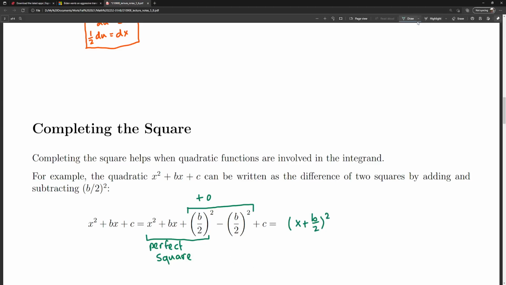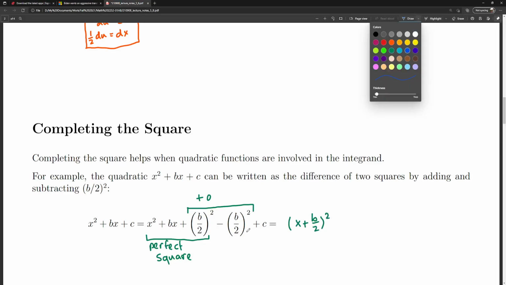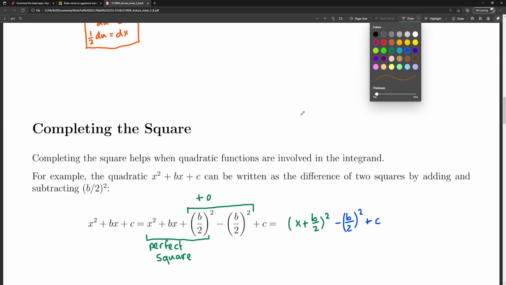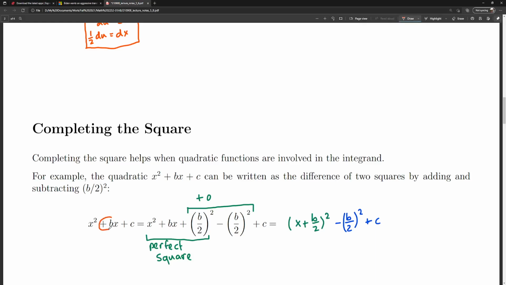And then what we need to do is subtract that b over 2 squared that we added, and then we just keep the plus c. So this is completing the square for x squared plus bx plus c. To give you a way how this works in practice, you want to look at the term in front of the x. That's plus b.